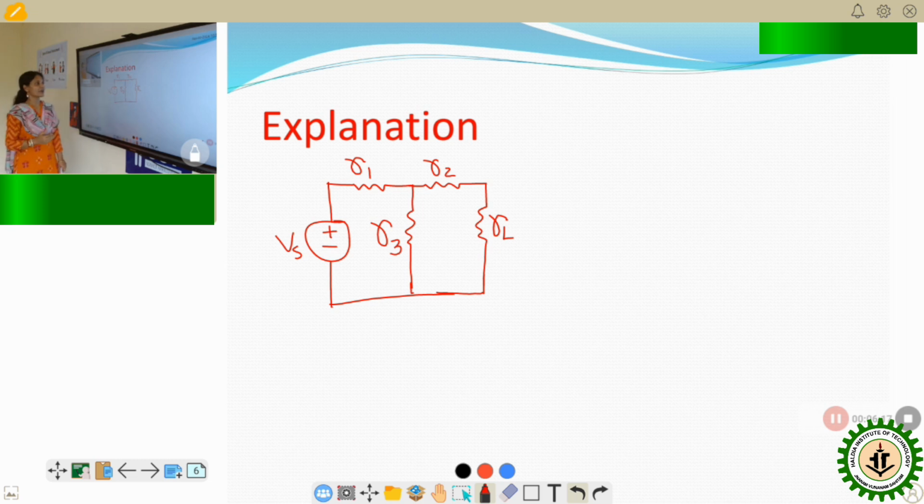Then step by step apply the steps for calculating IN and RN. So for this given network, first identify RL. As it is mentioned here, this is your RL. So the first step is to remove RL from the network and short circuit it. So again redraw that circuit by removing RL.